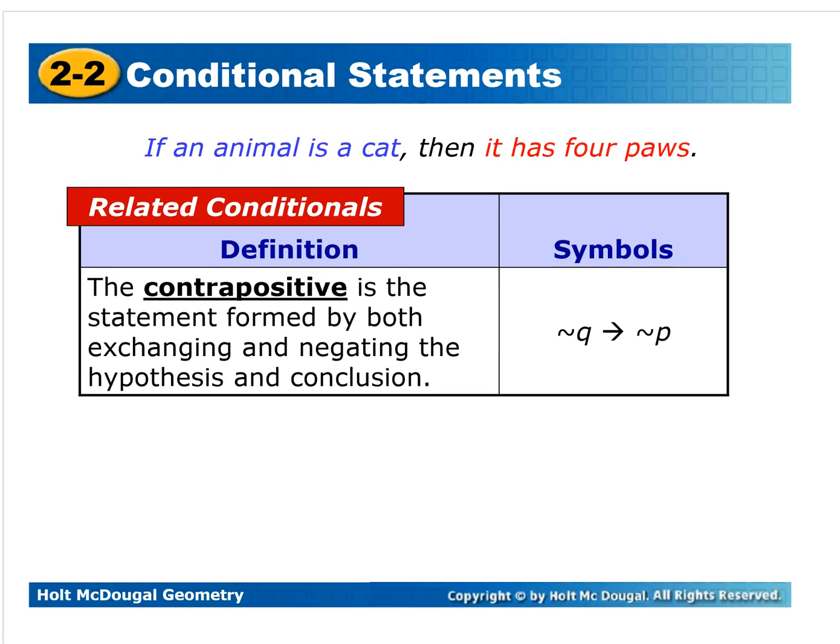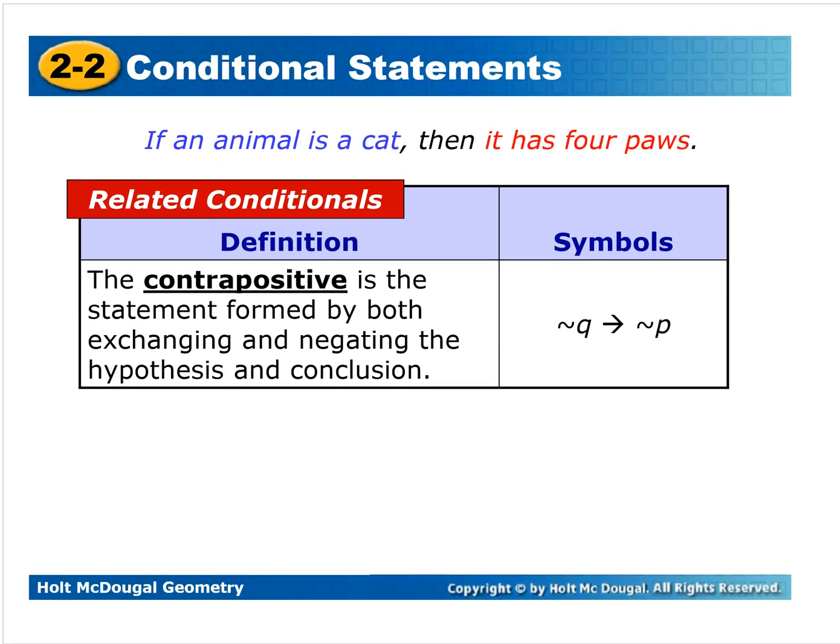Now let's figure out our contrapositive. We're going to flip them and we're going to negate them. Okay, this one's a little bit trickier. So we're going to start with our if. So if our conclusion, so if, what are we talking about? We're talking about an animal. If an animal has 4 paws. Now, remember, we're also going to negate this.